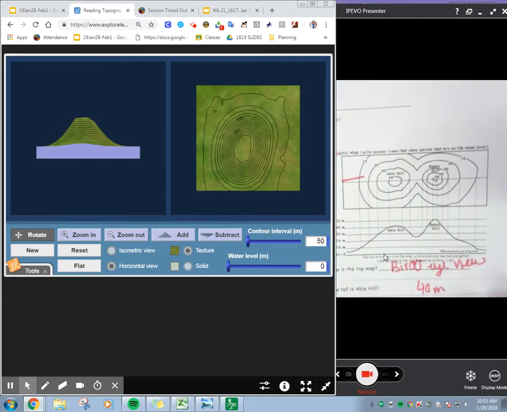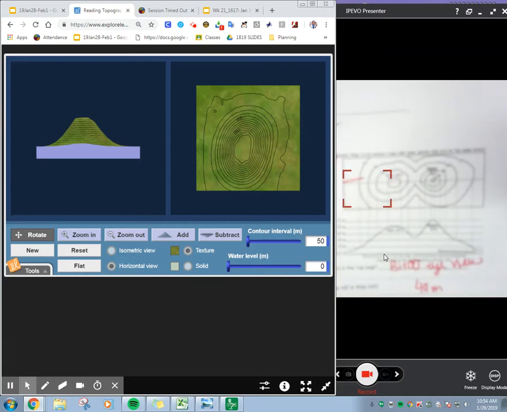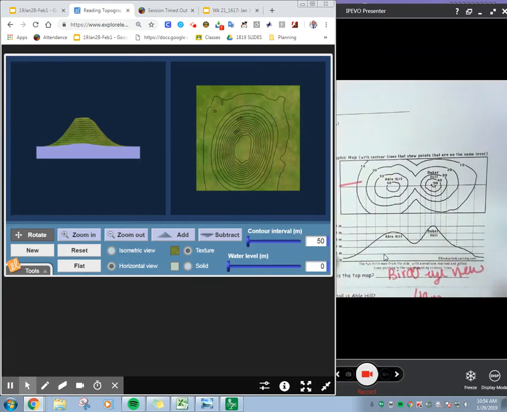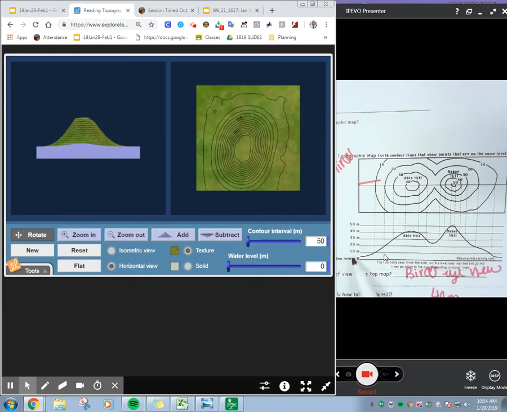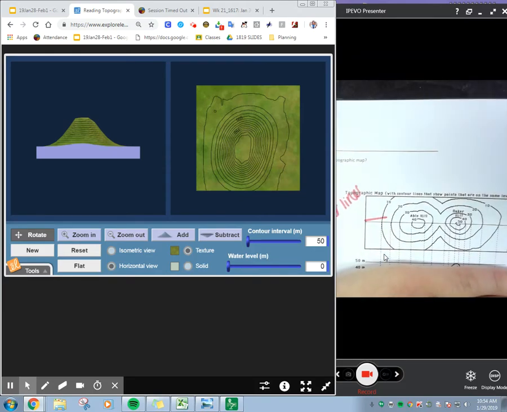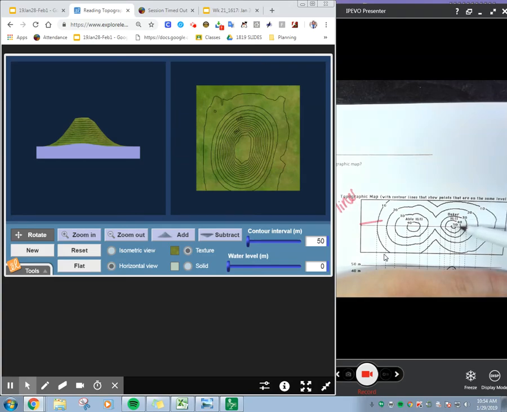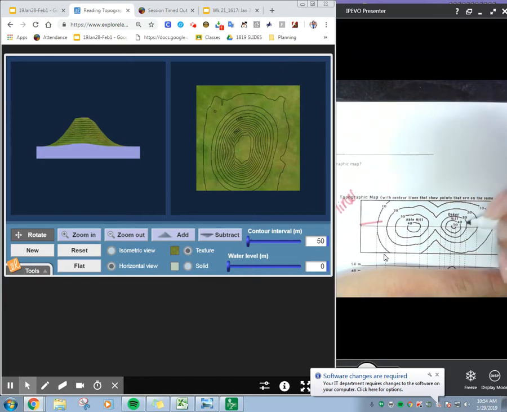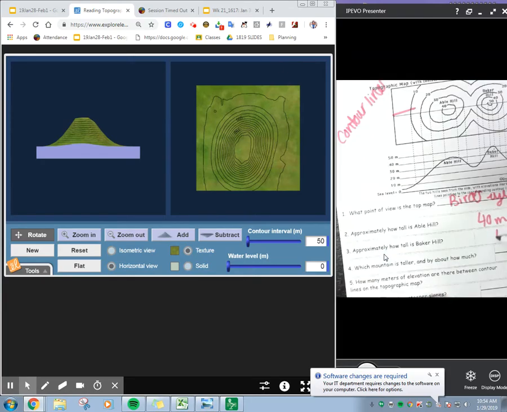Now let's look at Baker Hill. If you're looking at it from the side and you had these little markers, that'd be nice. You could tell it's right around 50, but we don't have that. Let's look at this map. It's 10, 20, 30, 40, 50. Notice how as the circle gets smaller, the elevation gets higher. So Baker Hill is about 50 meters.